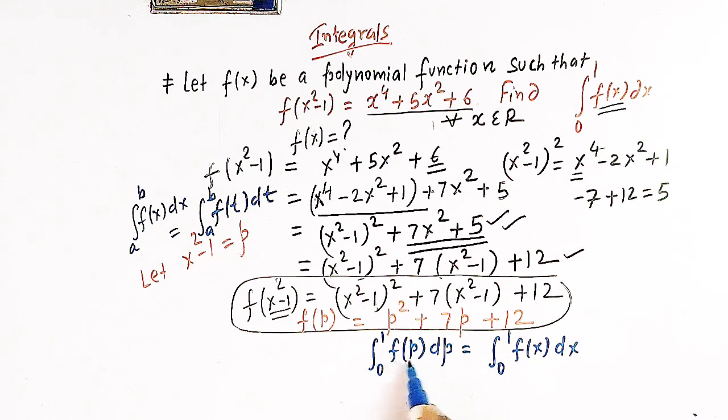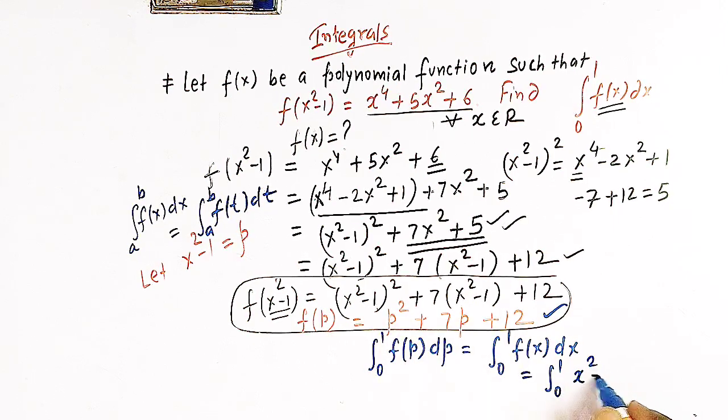So this property is very useful while evaluating the definite integrals, right? So 0 to 1 f of p dp can now be written as 0 to 1 f of x dx. So now we can write 0 to 1, and f of x can be written from this expression by replacing p by x. So here we have x square, and then we have 7x plus 12, and this is dx.